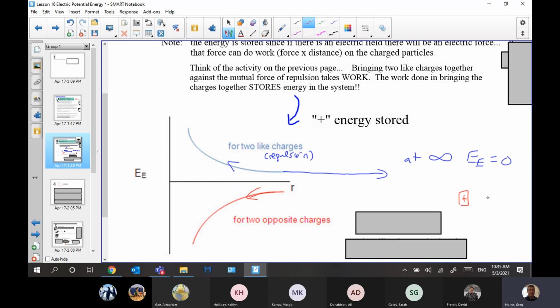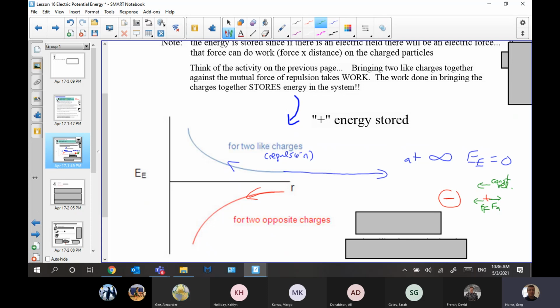Let's use a big negative charge, and a little positive test charge nearby. As you bring this close by, you're actually going to have to hold it back in order to stop it from accelerating. In fact, we could look at it as there's an electric force on it, and there's an applied force on it, and then we've got constant velocity.